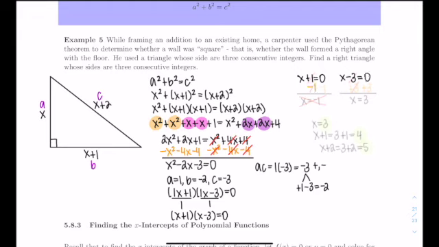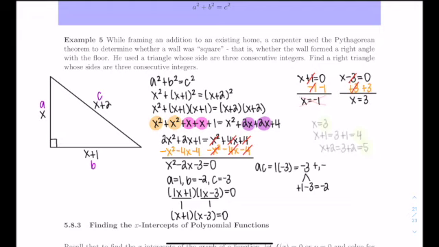We subtract 1 from both sides on the first one, and we add 3 on both sides for the second one. So x is equal to negative 1, and x is equal to 3.